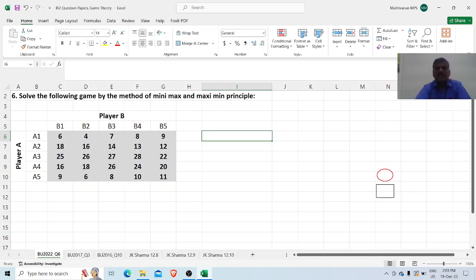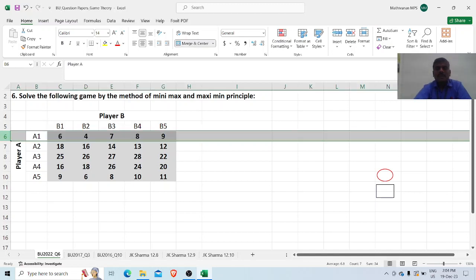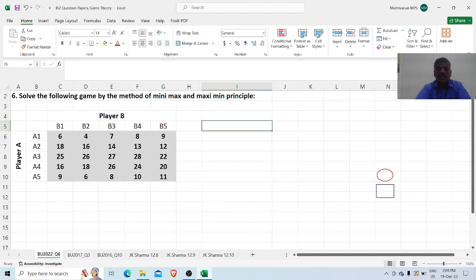The problem itself clearly states that we have to use minimax and maximum principle. First, we will use this maximum principle for player A. Identify the minimum values for player A when he is using each strategy. We will calculate the row minimum values.